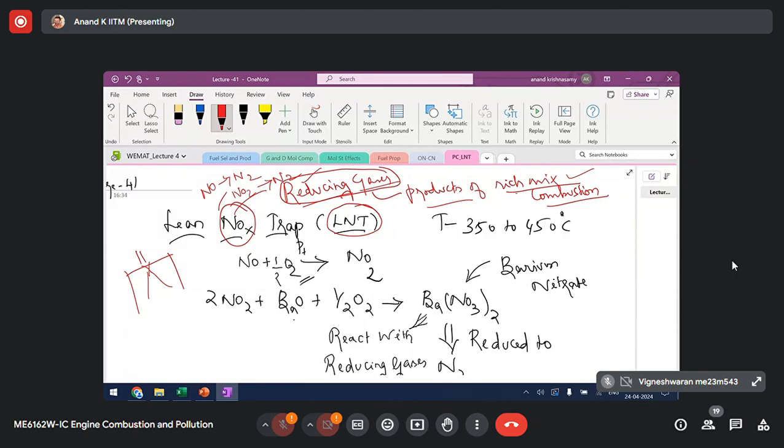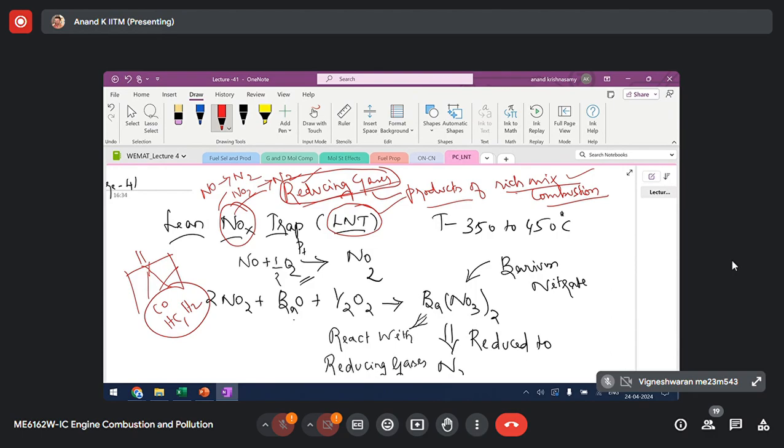If you inject this fuel during the expansion stroke, this fuel will partially oxidize. It will create CO, soot, H2. All the rich products of combustion will be created in the engine cylinder, and that will come out in the exhaust. We are going to utilize these reducing gases to reduce NO and NO2 to nitrogen. So this is what we are doing in a lean NOx trap.